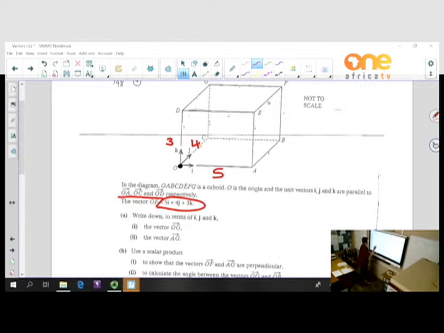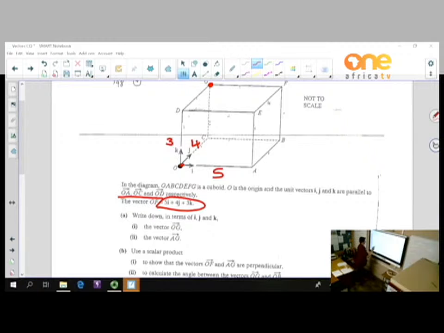So I'm going to move from O to G. And now we're going to check the movement on X or I, J, and K. Look here, this is I, this is J, this is K. So to the right or left, to the front or back, up and down. That's what we have there, 3 dimensions.